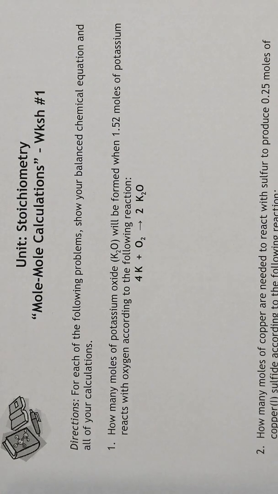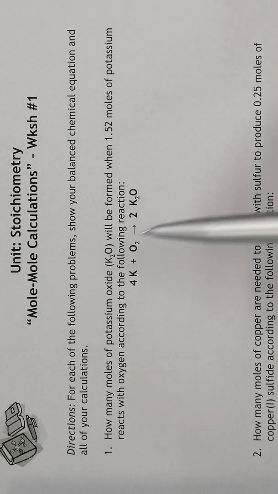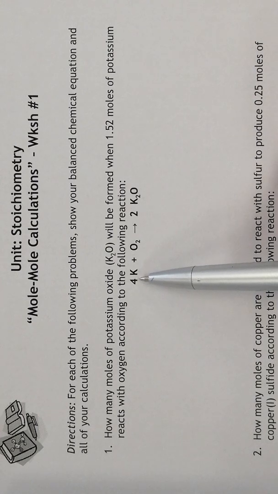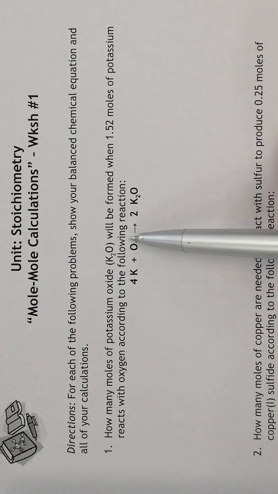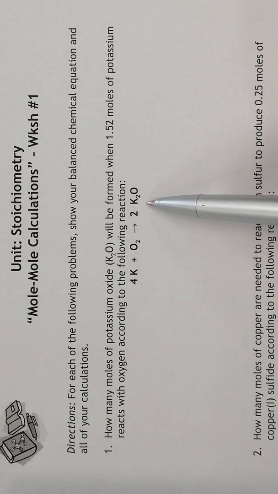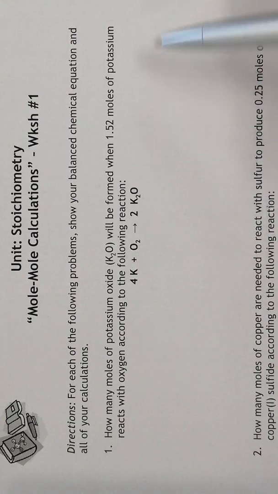So let's look at number one. Number one says, how many moles of potassium oxide will be formed when 1.52 moles of potassium reacts with oxygen according to the following reaction? So we're given our reaction here. This means that we have 4 moles of potassium plus 1 mole of diatomic oxygen makes 2 moles of potassium oxide.